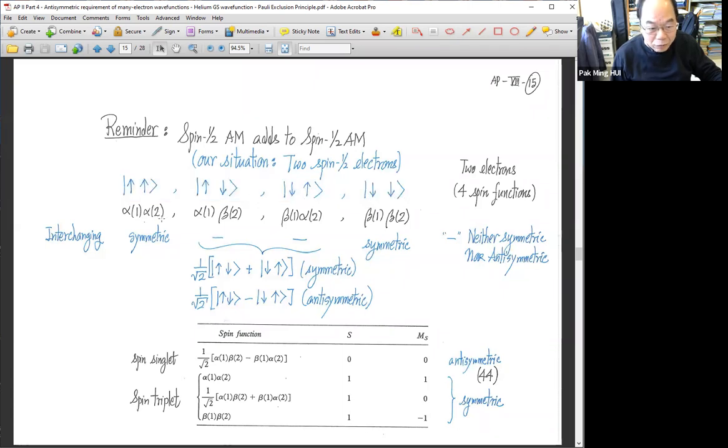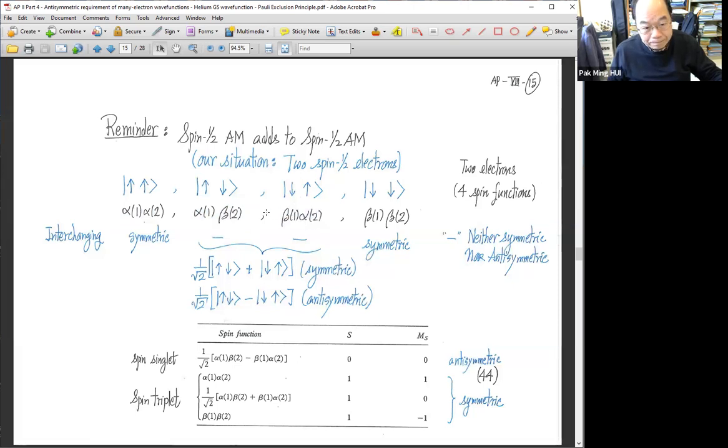In our language, using the alpha state, the spin state representing up, which is 1, 0, and the first entry is for the electron marked number 1. So this is alpha 1, alpha 2, both up, and so on. We have two very funny ones: alpha 1, beta 2, and beta 1, alpha 2.